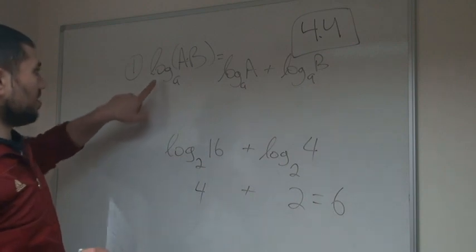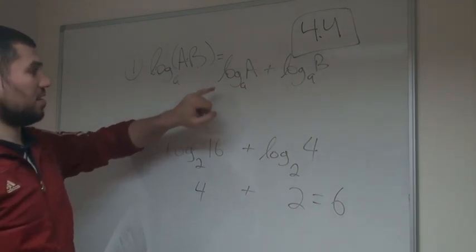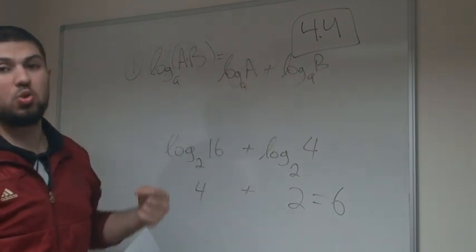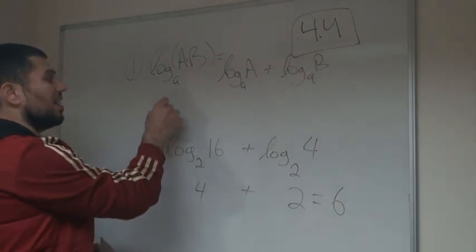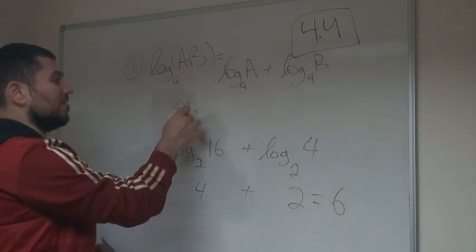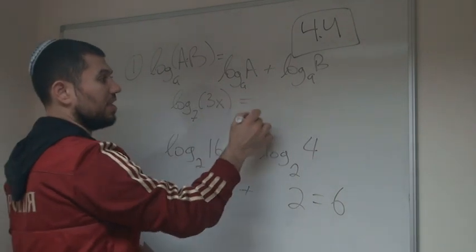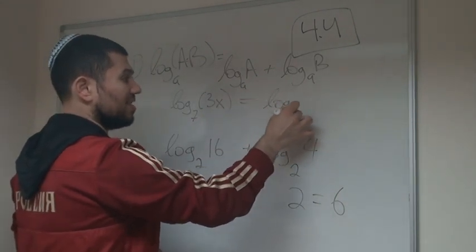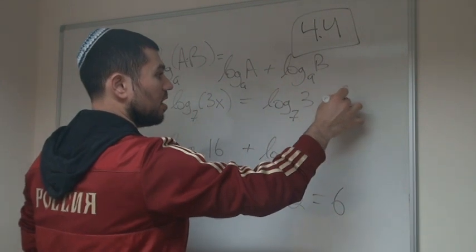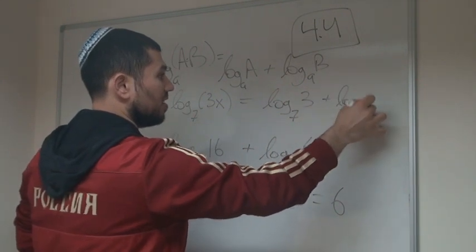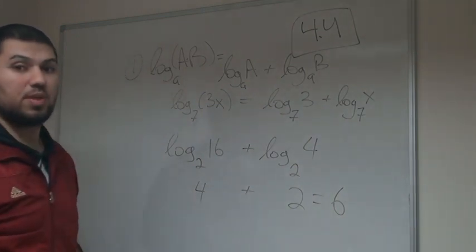What this means is if I have the log of a product, I can break up that product and take the separate log of each one of the two factors. So if I had the log to the base 7 of 3x, I could break that up to log to the base 7 of 3 plus log to the base 7 of x. That's what that rule allows me to do.